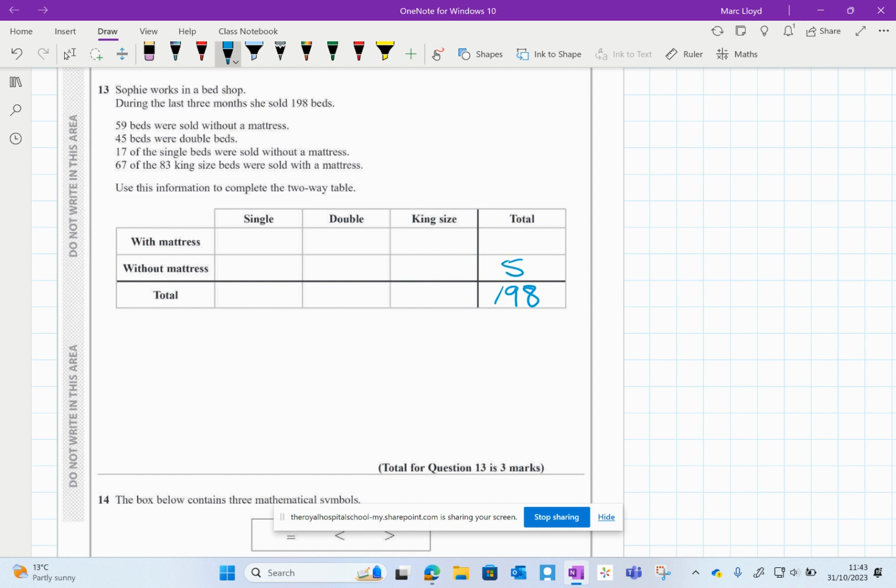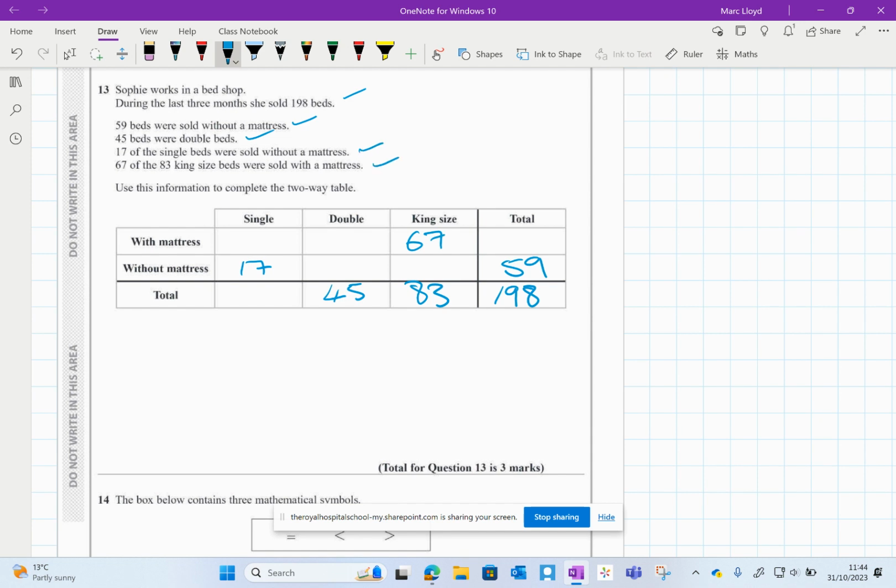So no mattress, 59. 45 beds were double beds. So 45 goes into there. I'm going to tick it as I go as well. 17 of the single beds were sold without a mattress. Single, without, 17. And then 67 of the 83 king-size beds, so there's 83 king-size beds, 67 were sold with a mattress.